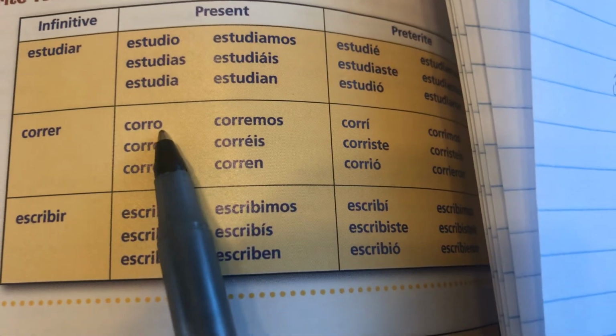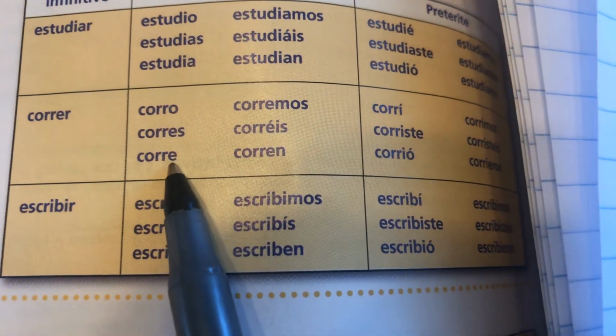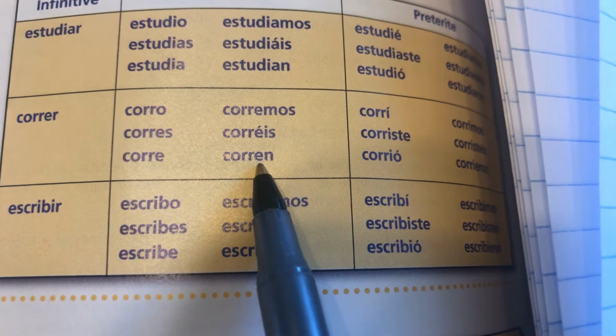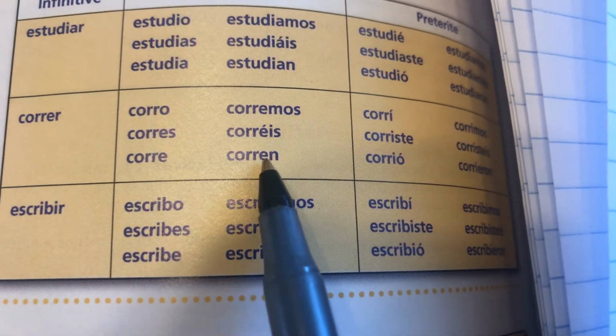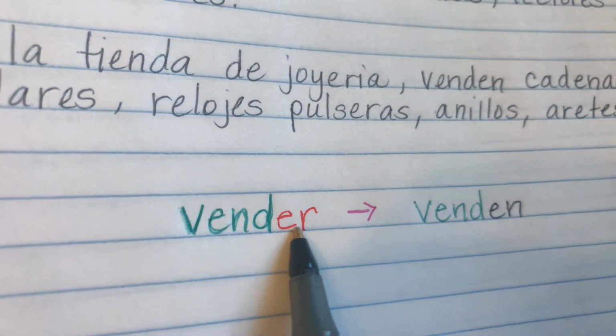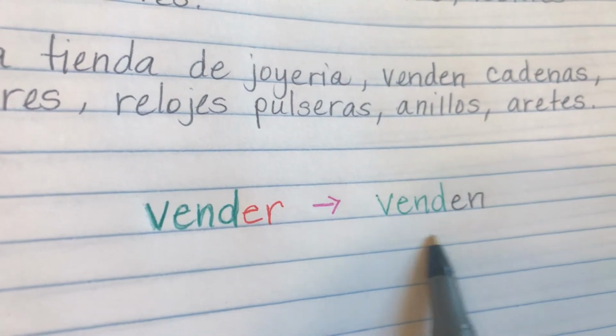Will it be I sell, you sell, he, she, you formal sells, we sell, or they sell? Yep, we're going to be using this ending, the EN. So we drop the ER because they sell. So this word means they sell.